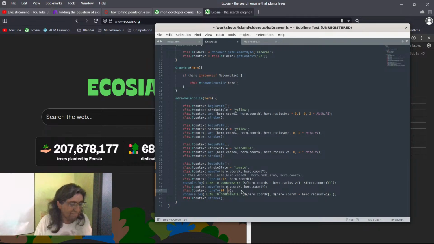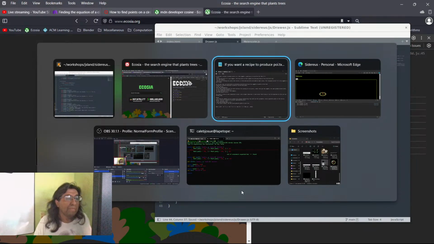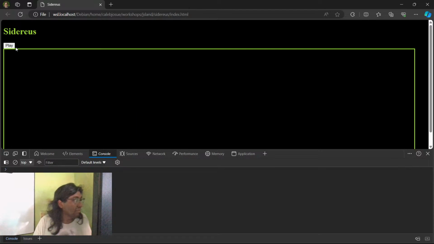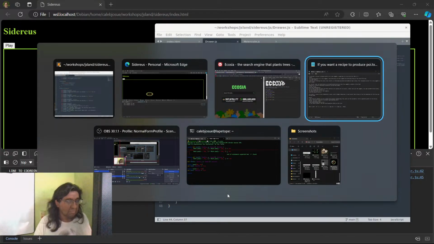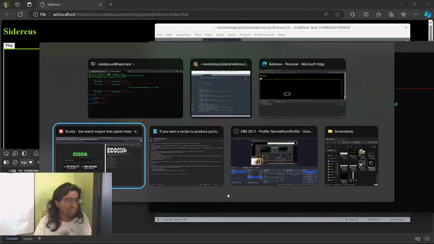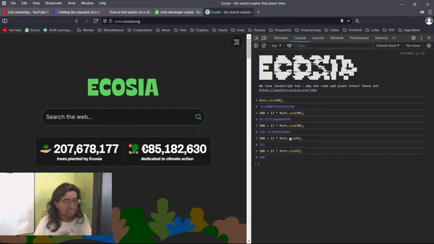I know these are float numbers, but let's try with integrals. Double numbers. I knew it. I knew it. It doesn't look good. $110.